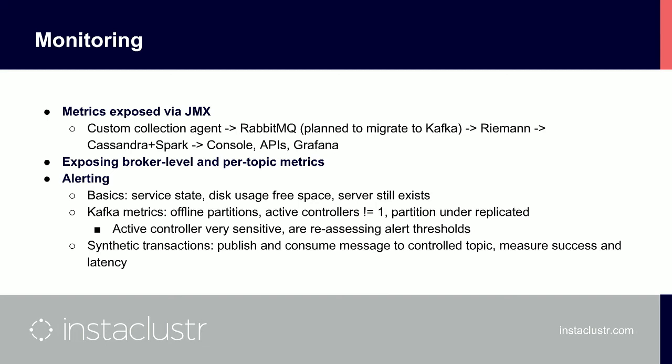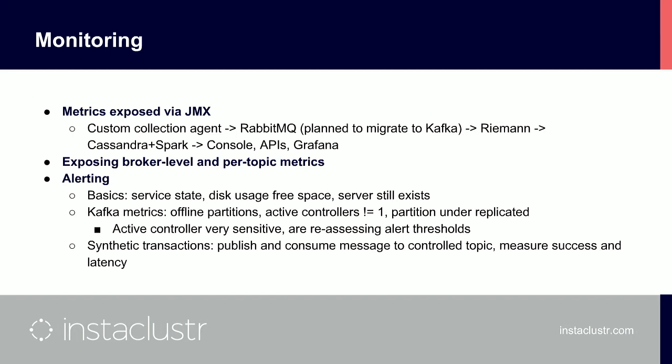And then we have a range of alerting rules that are used to alert our management team should there be any issues with the cluster, to jump in and rectify them to meet our SLAs. So we have the basic metrics of server state, disk usage, and free space, and whether the server's actually still there and checking in.